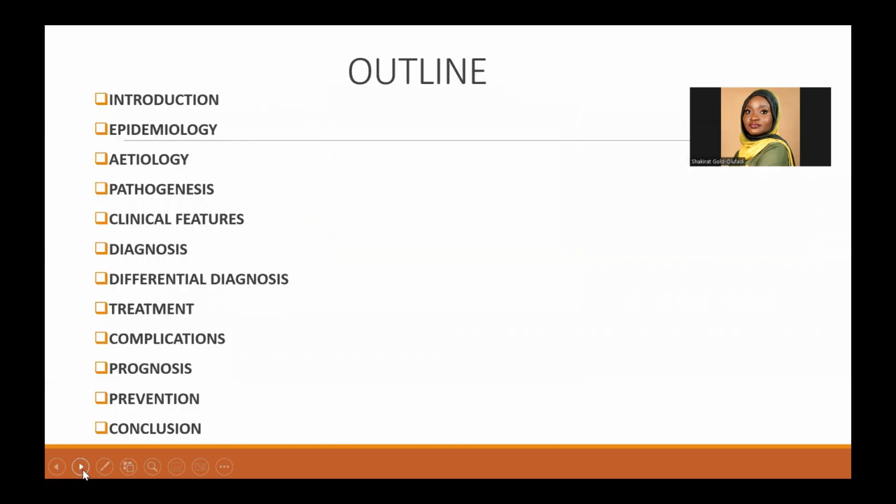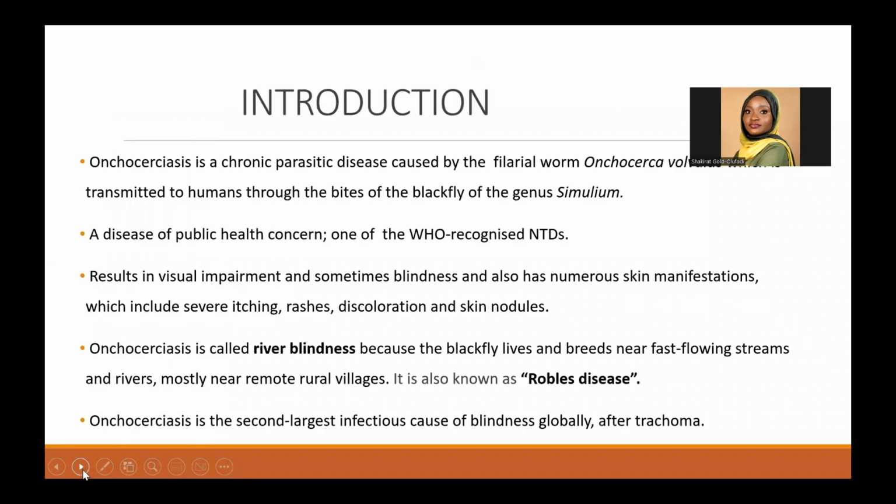So this is the outline that I'm going to be using to discuss onchocerciasis today: introduction, epidemiology, etiology, pathogenesis, clinical features, diagnosis, differentials, treatment, complication, prognosis, prevention.